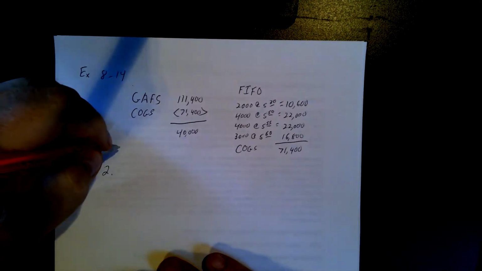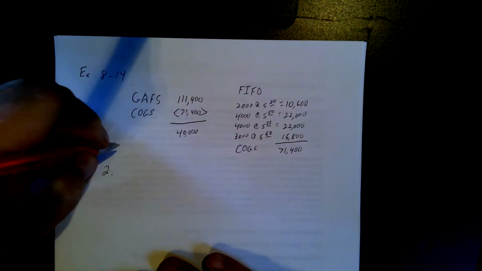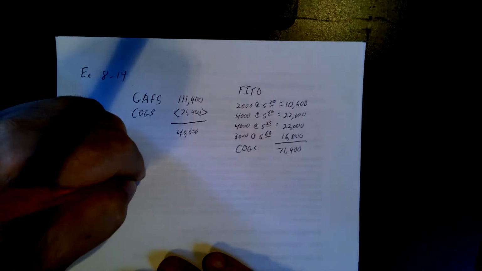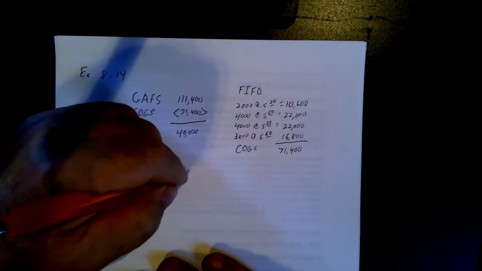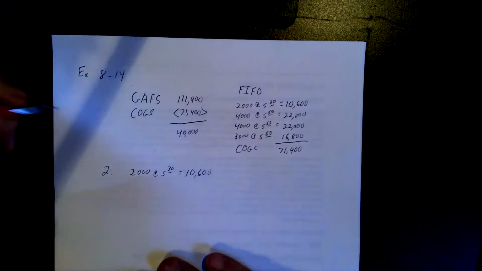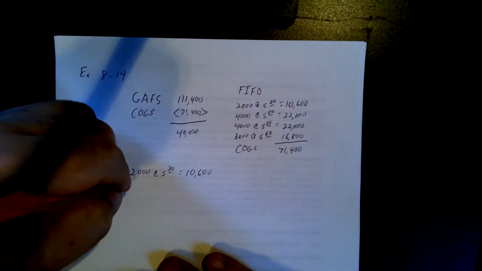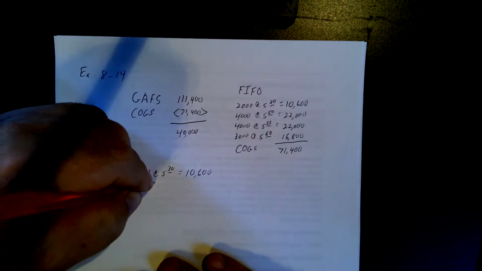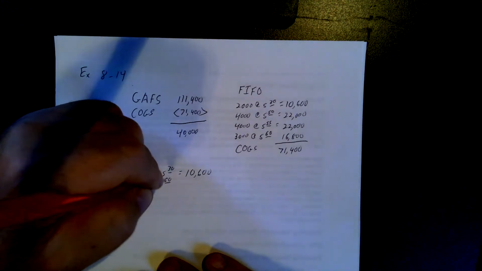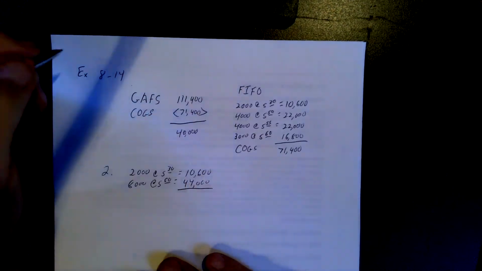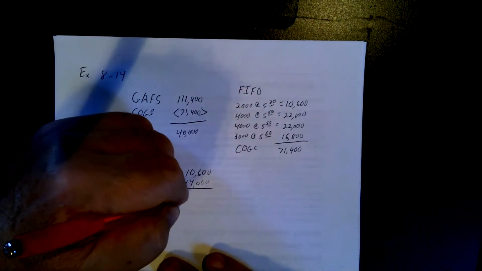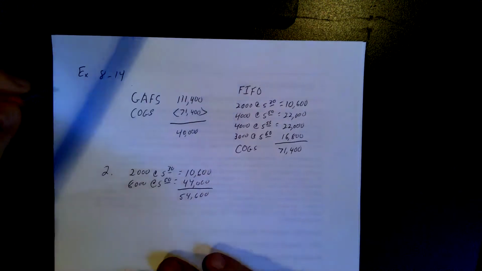Okay, so then the next one, part 2 of this one, it asks us for the average costs. So we need to get the average cost at the time of the first sale. So we had the 2,000 units at $5.30, and we know that's 10,600. And we had the 8,000 units at $5.50, and we know that's 44,000. So we have a total cost of 54,600.